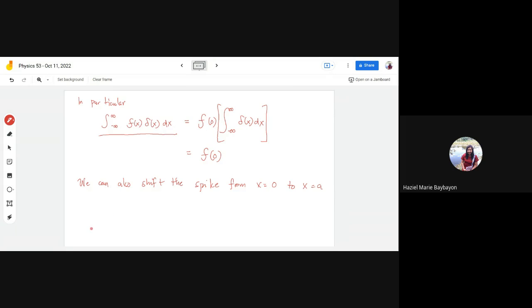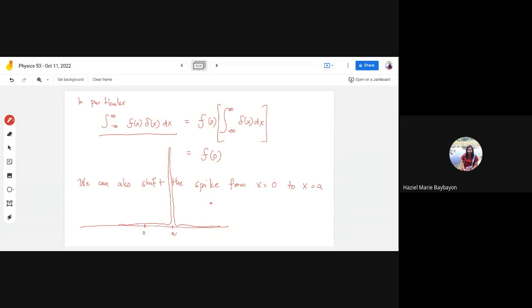If this is your origin, this is 0, and say this is a, you can shift the infinitely high, infinitesimally narrow spike here.